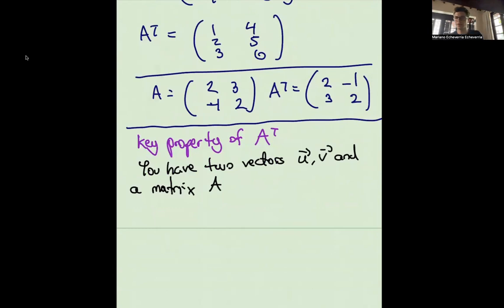So when you have two vectors, assuming that they have the same size, you could take their dot product, right?